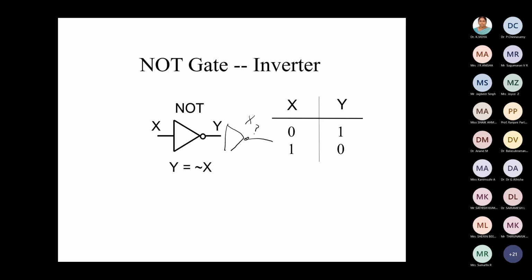Means NOT is its own inverse. Two times NOT is equal to identity. If you apply it on X, then you will get X only. Is it okay? Yes, sir.